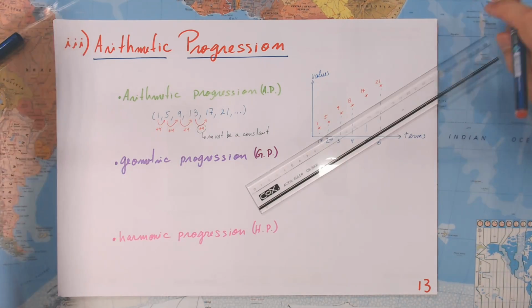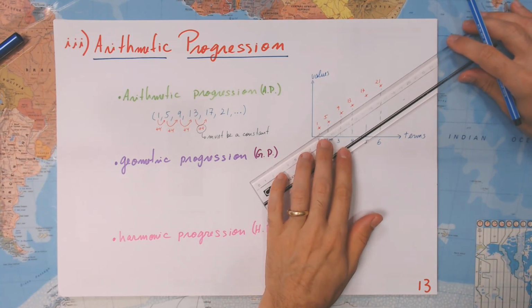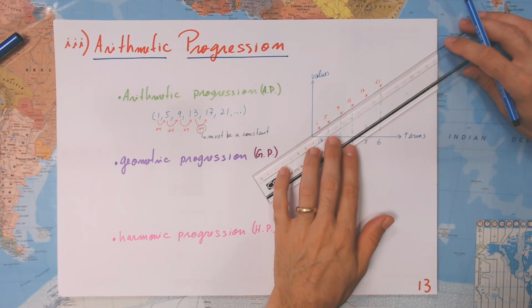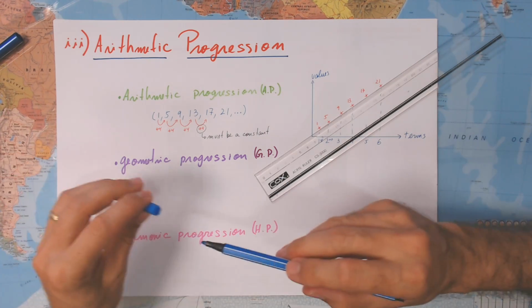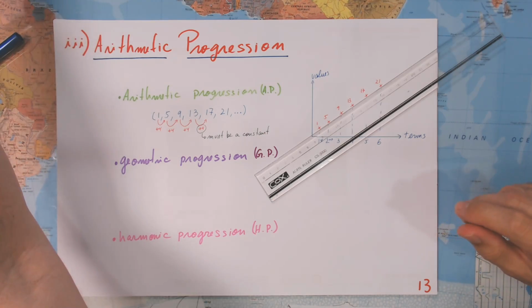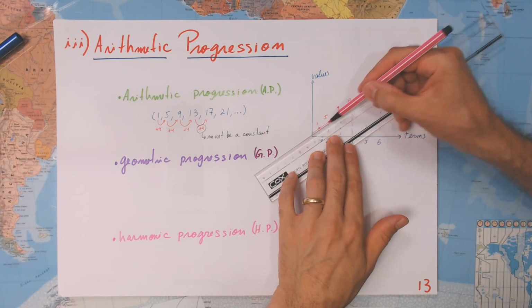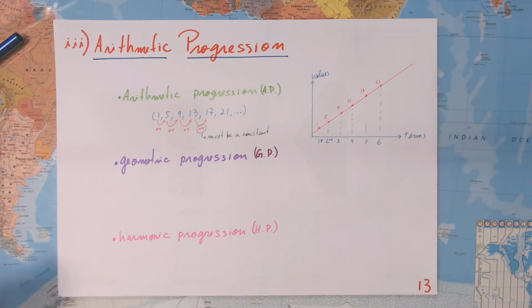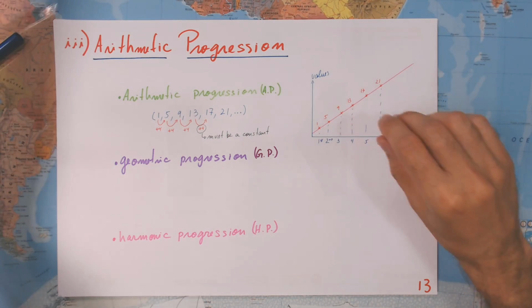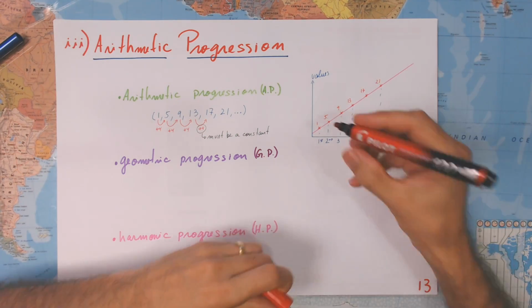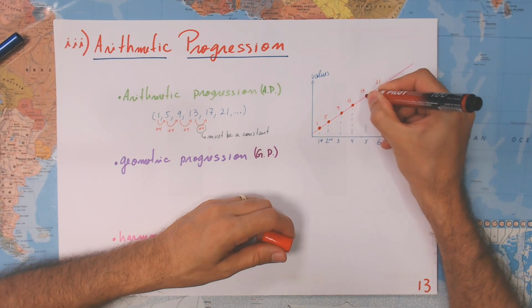And what I want you to notice is this. When we are presenting arithmetic progression, I'm not going to use this pen, because it is going to block part of the beauty. I'm going to do it like this. So what I wanted to show you is exactly this. This is one point, another, another, another, another, and another.